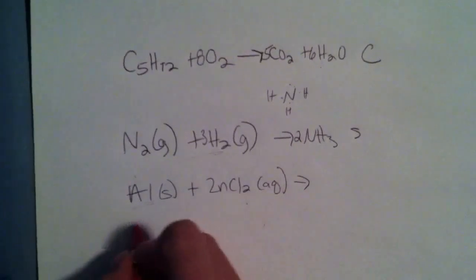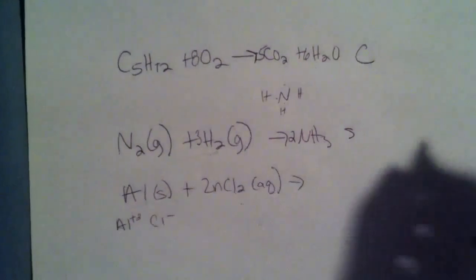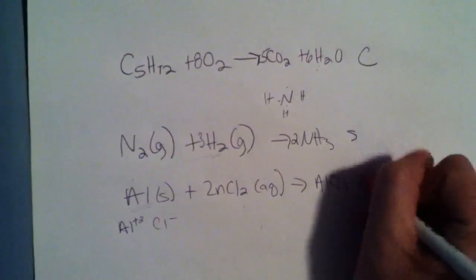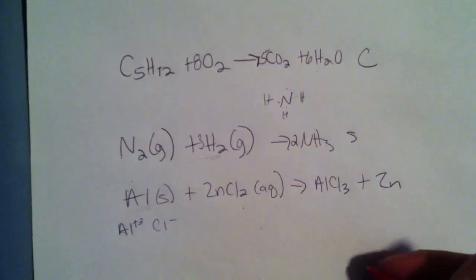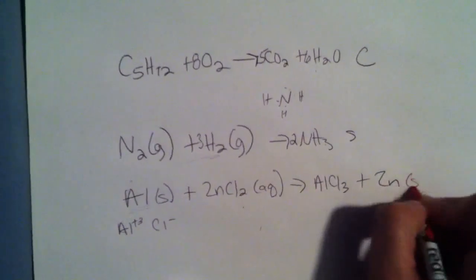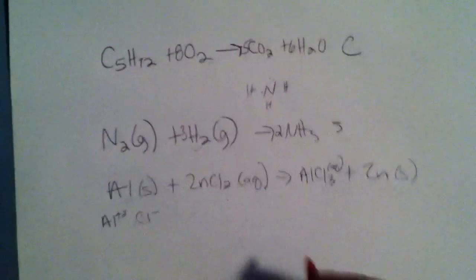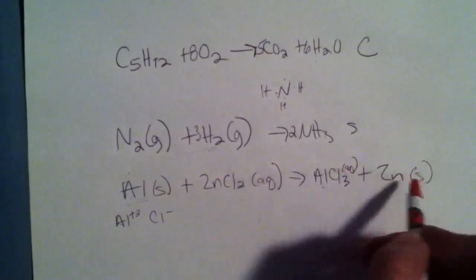Okay, so to do that, aluminum's a positive 3, chlorine's a negative 1. So this side is going to end up AlCl3 plus Zn. All right, so this is how we get the second part of this. Now, in this case, zinc's going to be a solid, this is going to be our aqueous. Now, when we balance, we're going to start with the aluminum, so 1 here, 1 here. 1 Zn, 1 Zn.